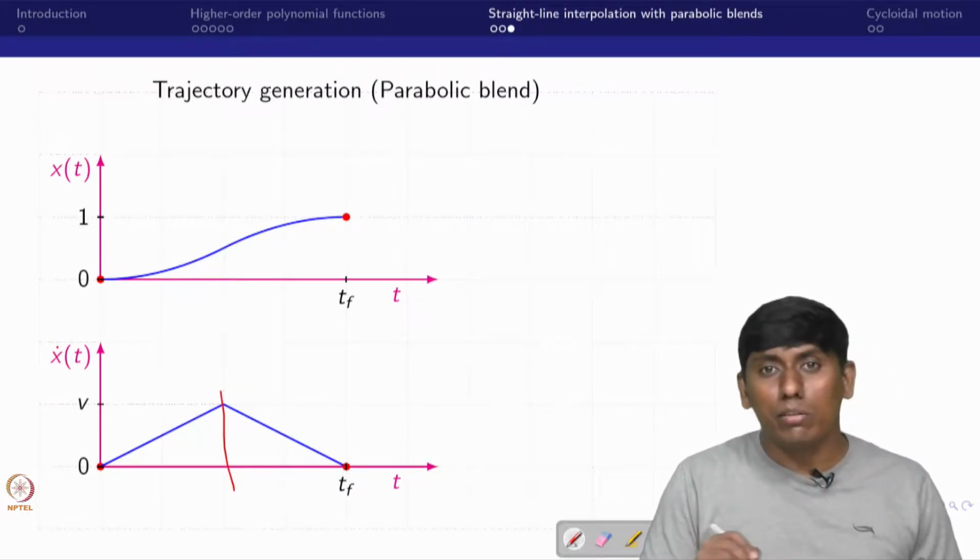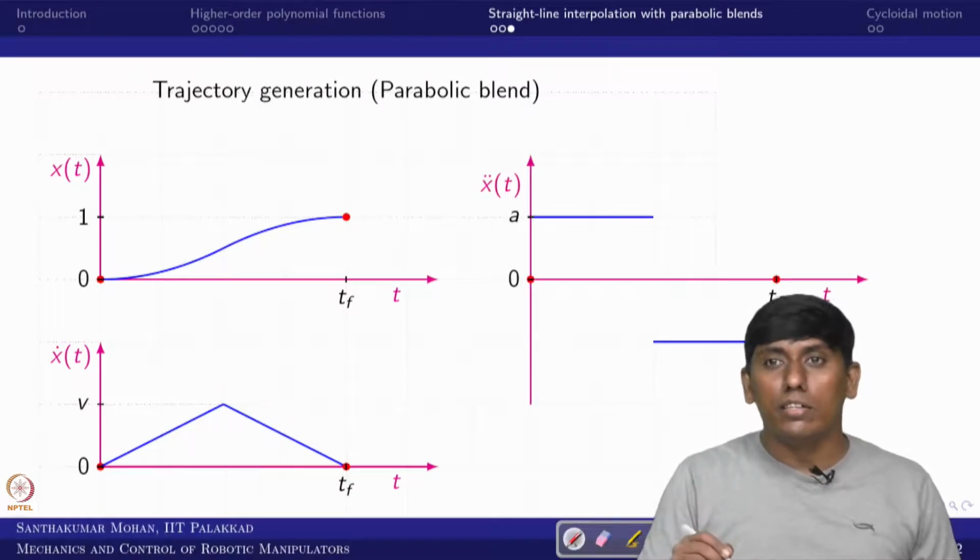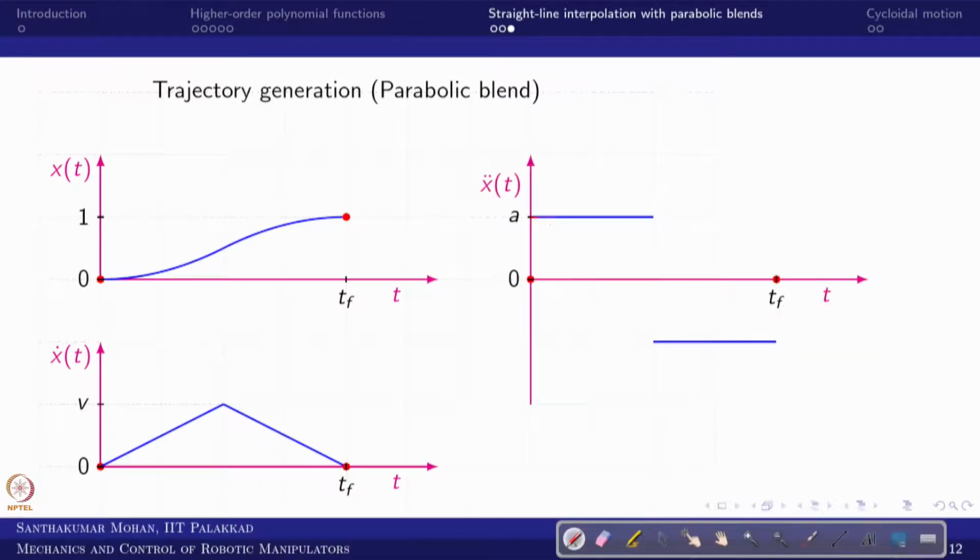Looking at the acceleration curve, the finite acceleration, then finite deceleration is happening. So this is the whole idea of bringing straight line interpolation with parabolic blend. The curve is blending into the straight line, that's why it is called parabolic blend.